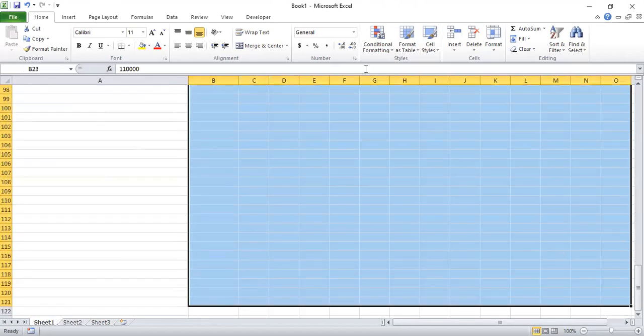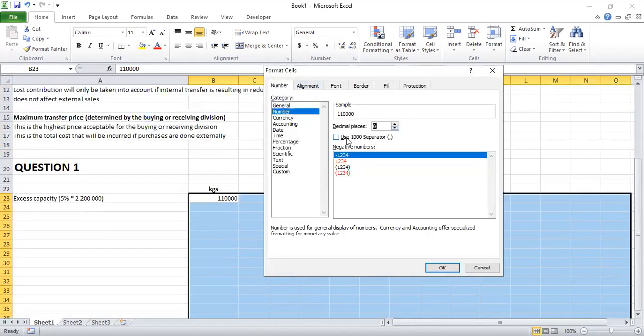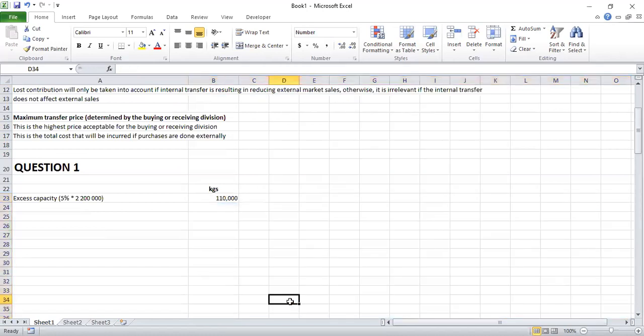By this, what do we mean? It means the coffee division can supply a maximum of 110,000 kgs to the cappuccino division without affecting their external market. Let me just put a headline that we want to determine the minimum transfer price here.